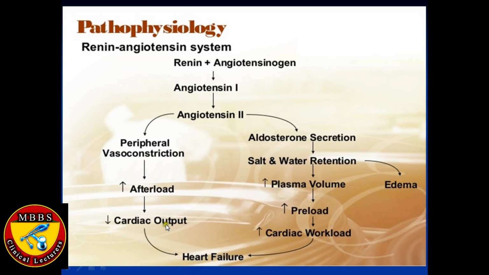Increased afterload causes decreased cardiac output, whereas increased preload would cause the heart to increase its contraction, and there will be more workload on the heart to perform. Both these features, the decreased cardiac output as well as the increased workload on the heart, combine and result in heart failure. So they both contribute to the failing heart.